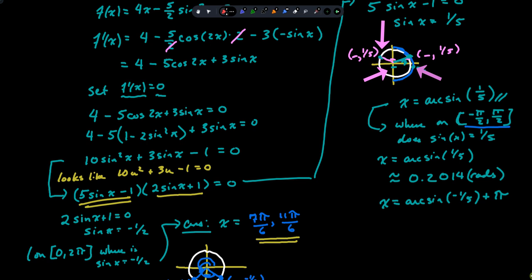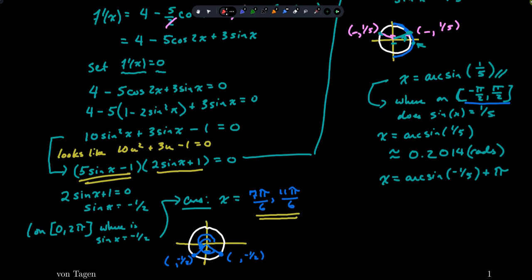So I can now give the 4 answers in terms of exact coordinates. They would be at the arcsine of 1/5, the arcsine of minus 1/5 plus pi, and then the 2 that we found early on, the 7 pi over 6 and the 11 pi over 6.